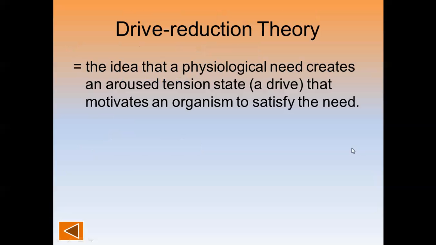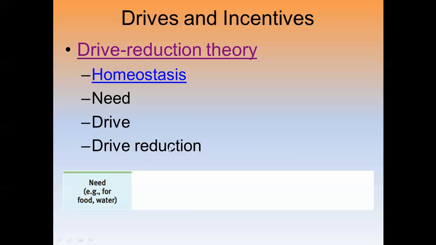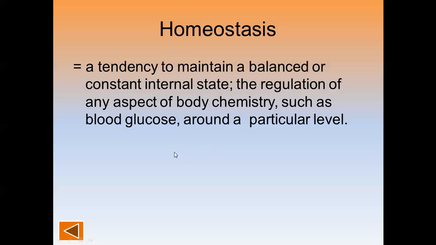The drive reduction theory proposes that most physiological needs create aroused psychological states that drive us to reduce or satisfy those needs. The aim of the drive reduction theory is internal stability, or what we would call homeostasis, which is a tendency to maintain a balanced or constant internal state.